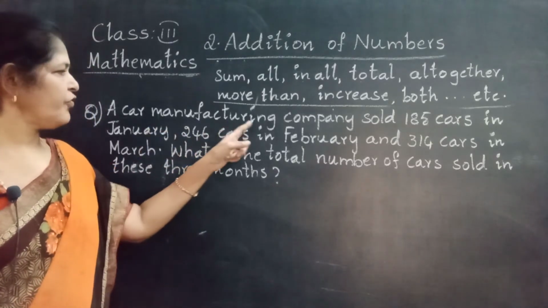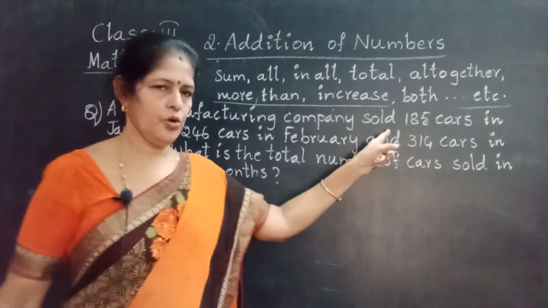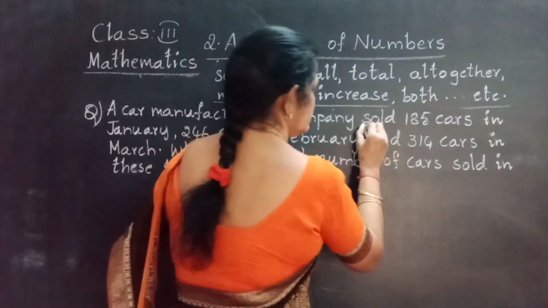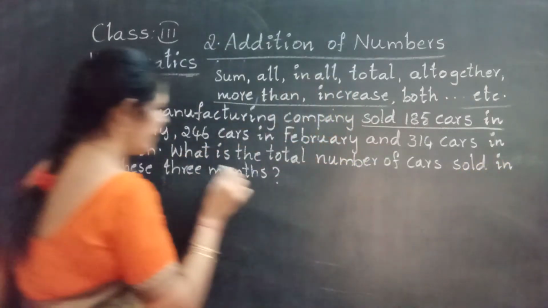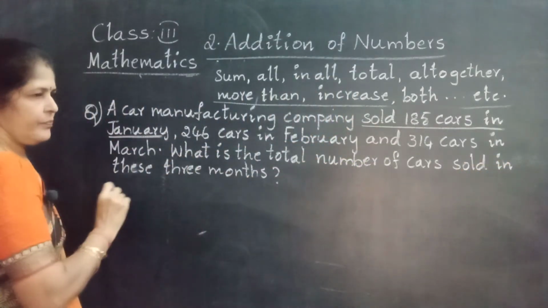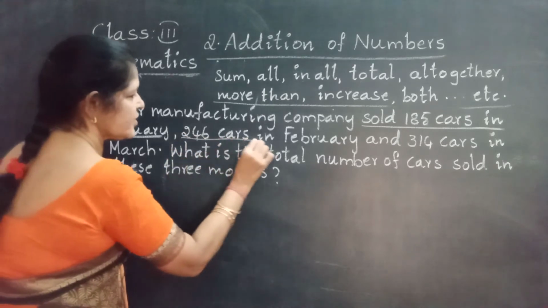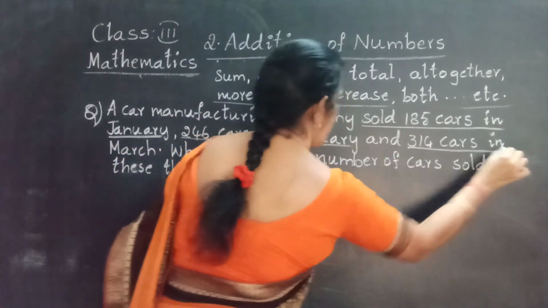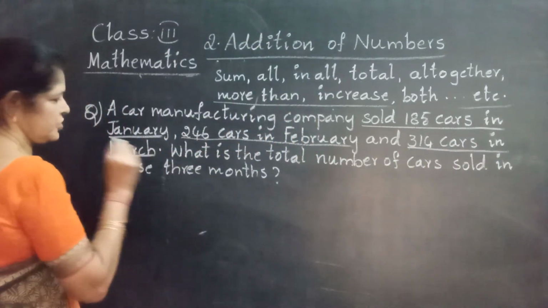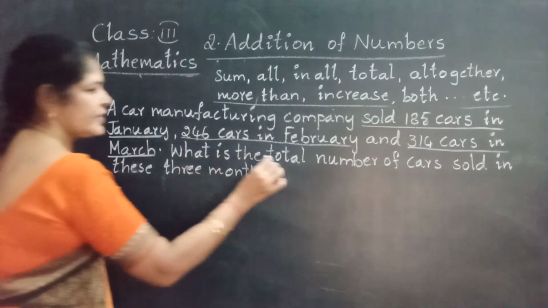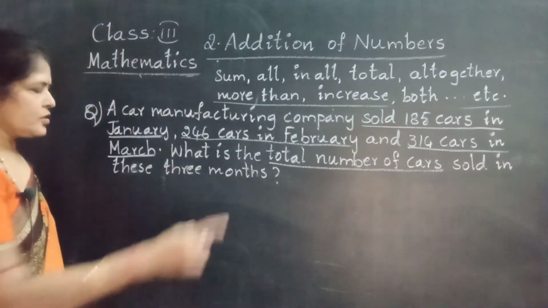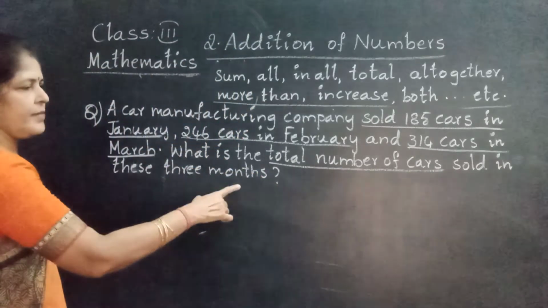A car manufacturing company sold 185 cars in January, 246 cars in February, 314 cars in March. What is the total number of cars sold in these 3 months?